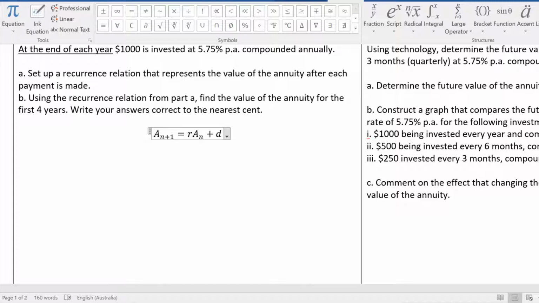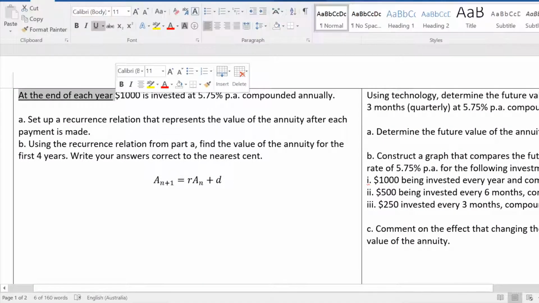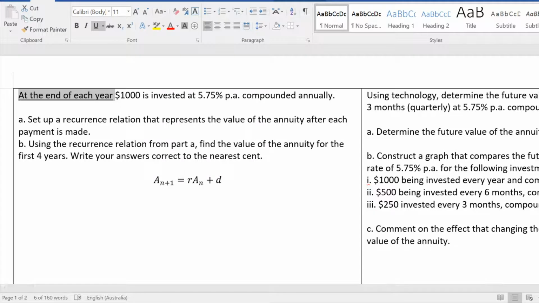Now, as I highlighted earlier, at the end of each year, $1,000 is invested. So when you think about however many years we're doing it, that very first year there's actually going to be nothing deposited. So what we have to do is work out what A0 is equal to, our starting value.